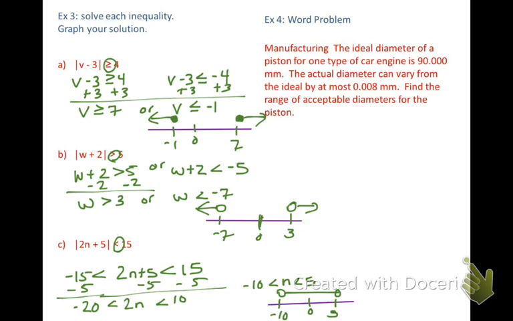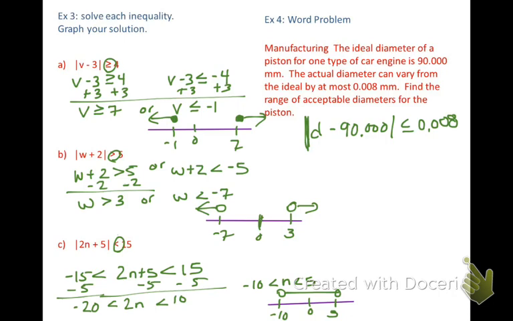So your diameter, subtracted by 90, in absolute value, because you can't have a negative, remember. The ideal is at most, so that means it has to be less than or equal to 0.008.